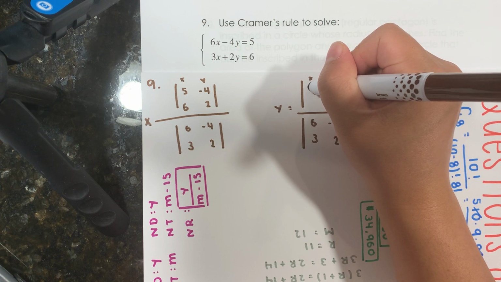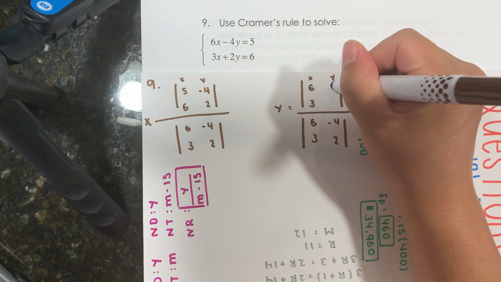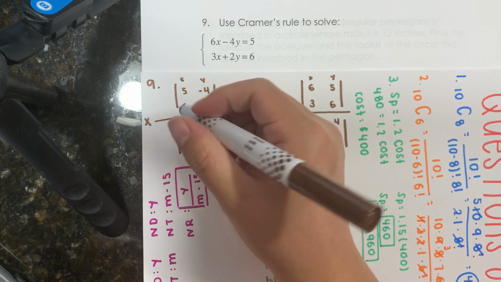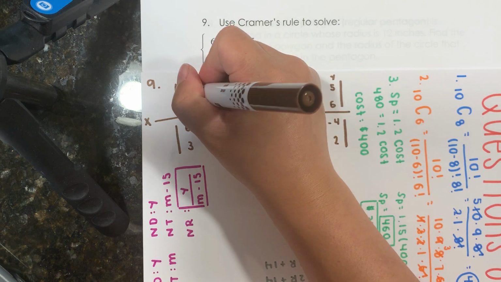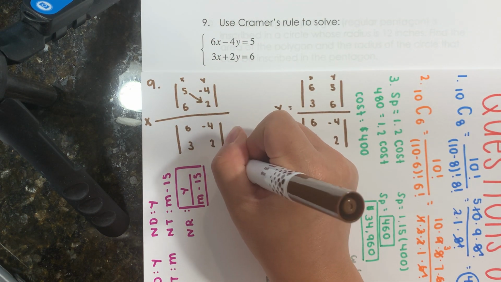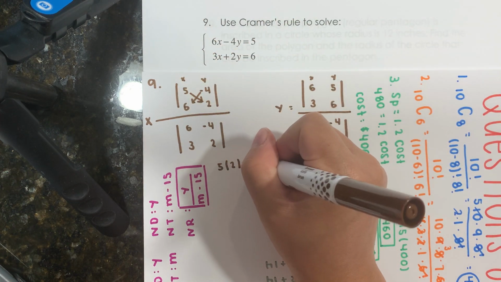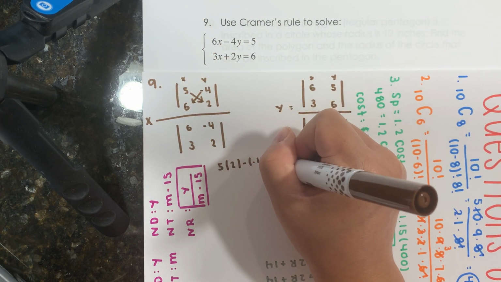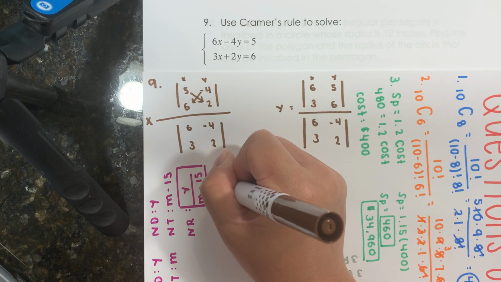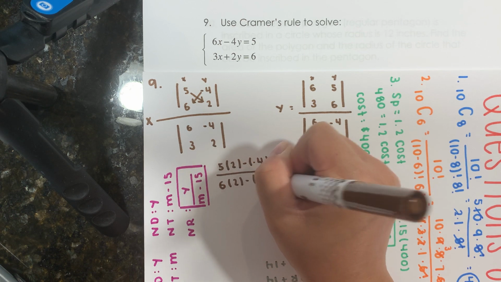Now, if I'm solving for y, the x column stays the same. The y column is going to change to what the equation is equal to, so 5 and 6. So now I'm going to evaluate. On the top, I'm going to multiply 5 times 2 minus negative 4 times 6, over 6 times 2 minus negative 4 times 3.